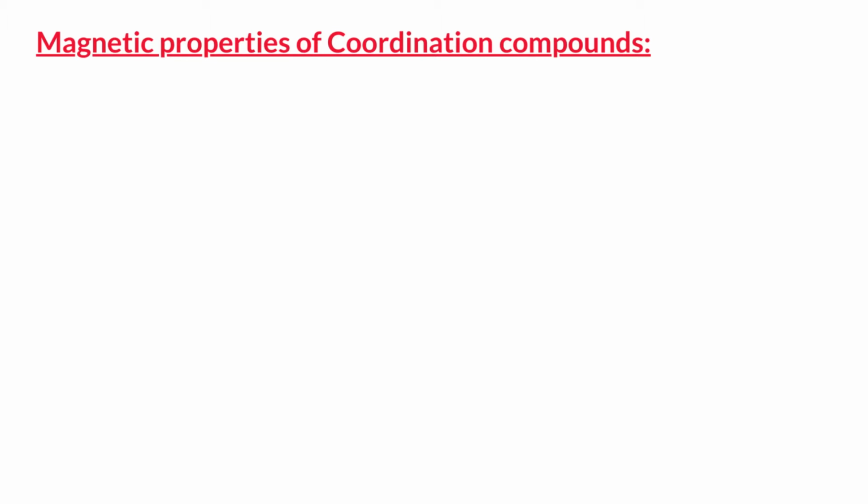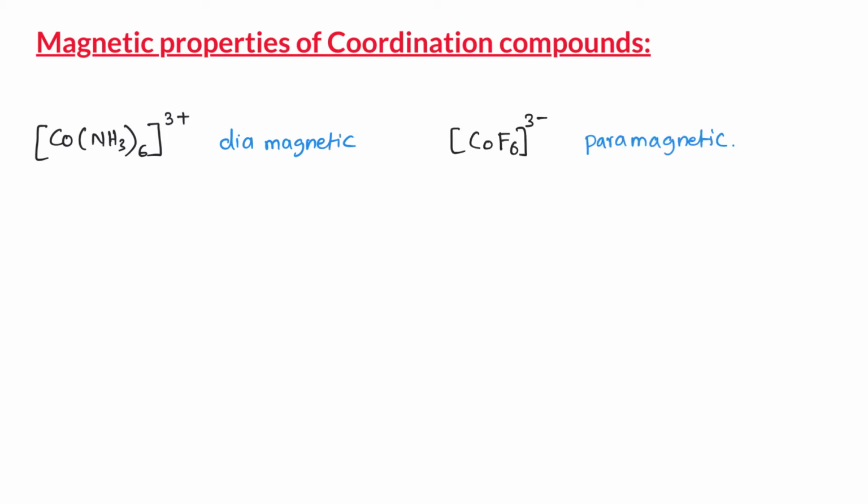Specifically, we will try to answer the question raised in the previous video, which is why hexaamine cobalt 3 plus ion is diamagnetic, whereas hexafluoro cobalt 3 plus ion is paramagnetic in nature.